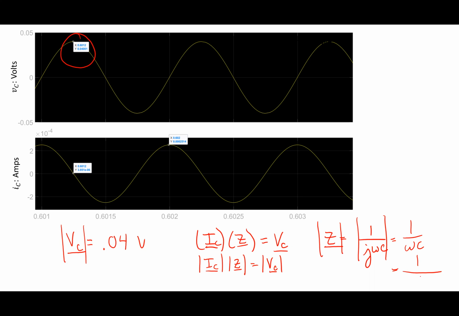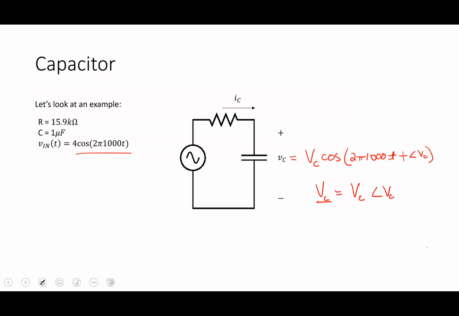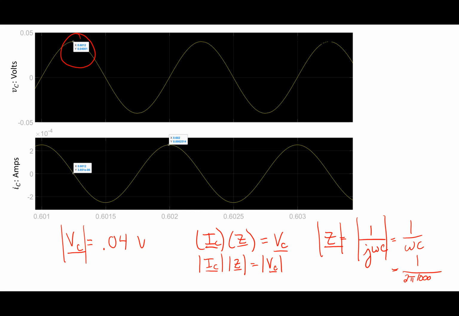What I've got to do is plug in my numbers. So 2 pi 1000 is my frequency, and my capacitance was 1 microfarad. What's 1 microfarad in exponential notation? 10 to the minus 6.